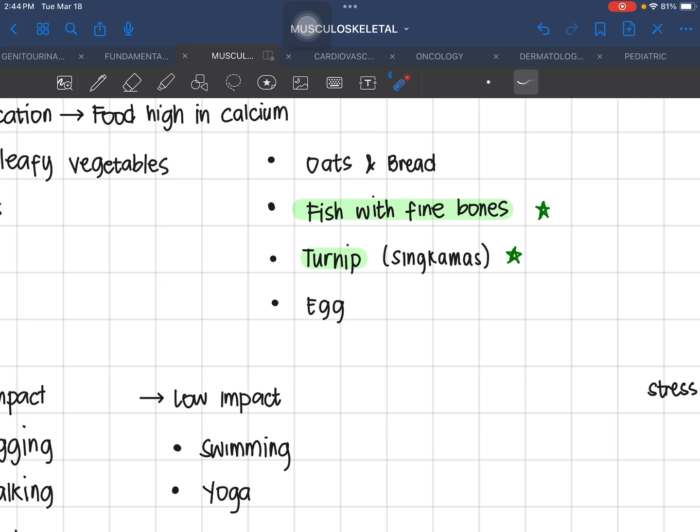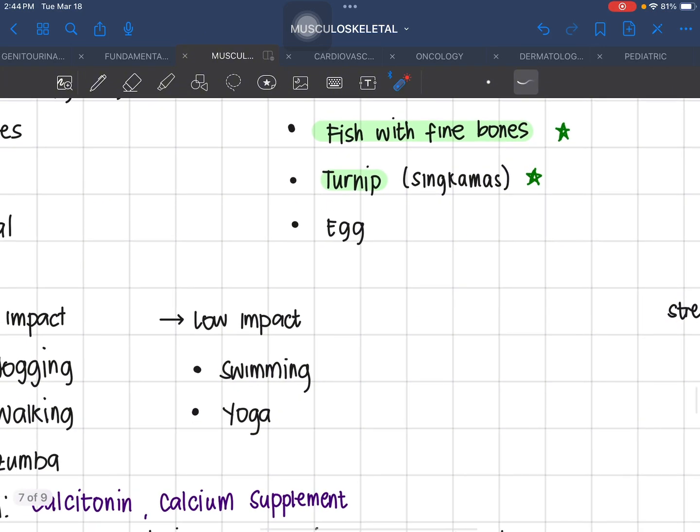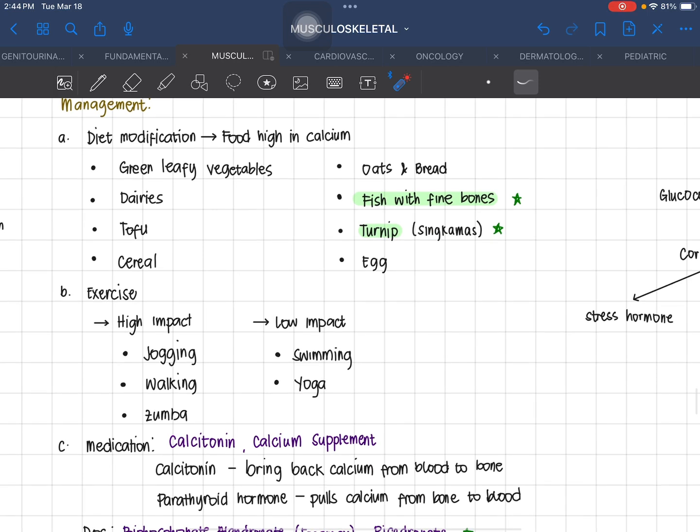Ito ang highlight natin. So, tatandaan natin, fish with fine bones and turnip, they are good for osteoporosis. Tingnan natin. So, dapat ang diet natin is food rich in calcium. What are those? Green leafy vegetable, egg, dairies, tofu, cereal, oats and bread, fish with fine bones, and turnip.